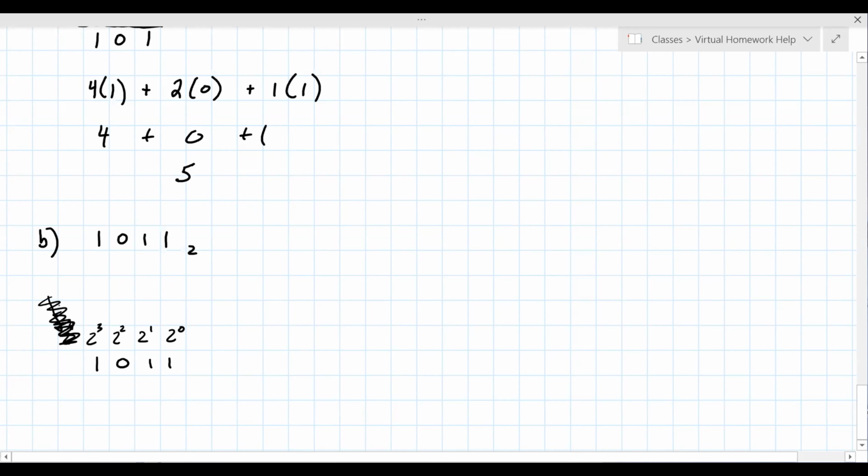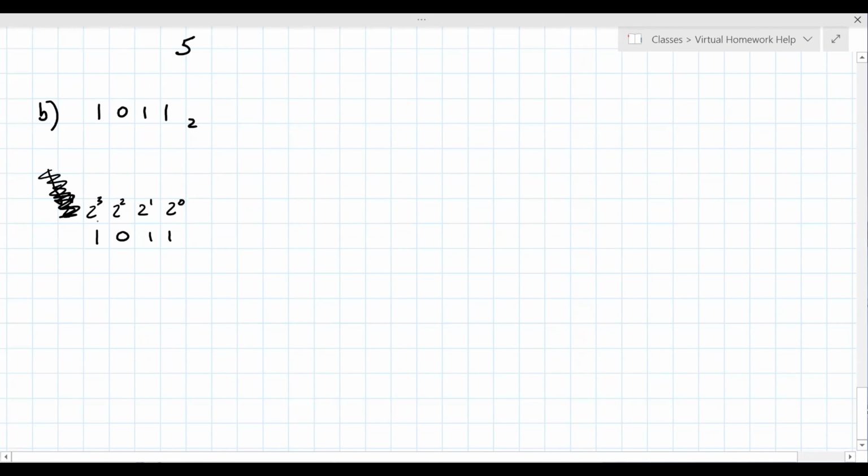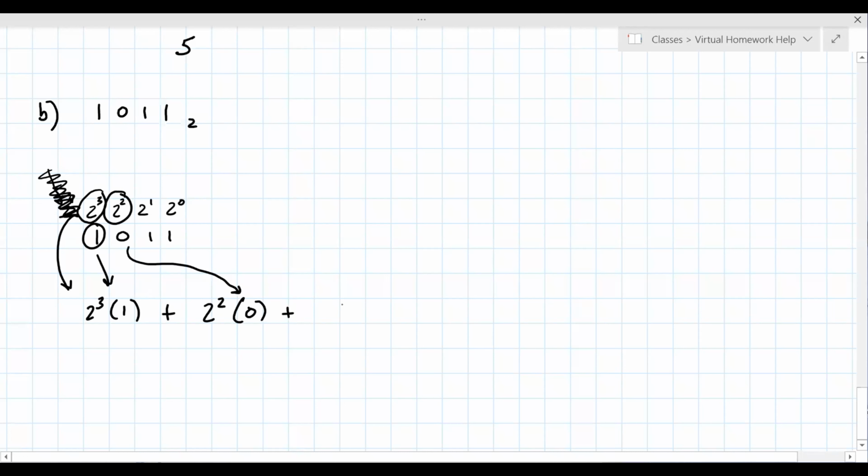We don't need that for this one. Now, this is kind of the hardest part here, is you have to now multiply these together. So it's 2 to the 3rd, that's this one, times 1, which is that one. You can see where they came from, plus 2 squared, that's this one I just circled, times 0. You can see where that came from, plus 2 to the 1 times 1, plus 2 to the 0 times 1.